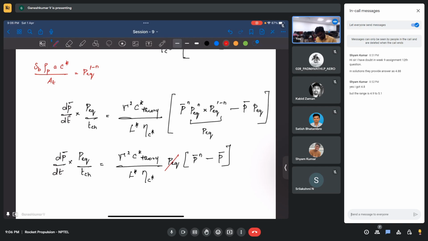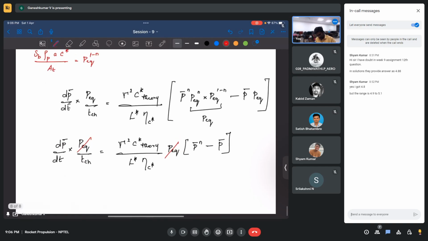And this you can cancel. You know dp by dp bar is nothing but p bar minus p power p, square c star theory divided by L star eta C star.